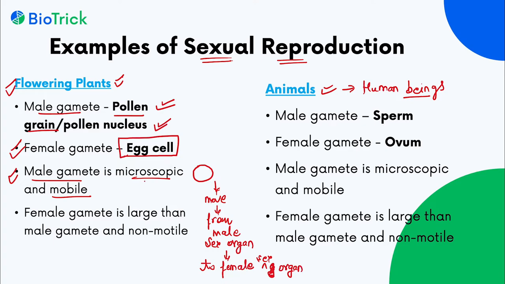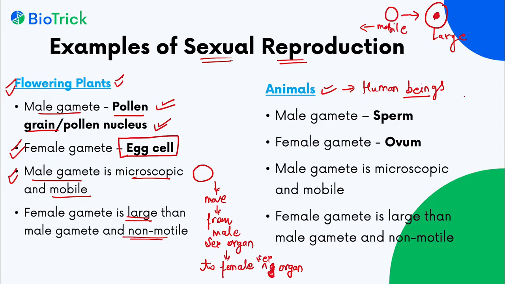Male gamete is microscopic and mobile, while female gamete is large and non-motile. That is, male gamete is small, female gamete is large, and male gamete is mobile and it moves by any means to the female gamete for the process of fertilization.